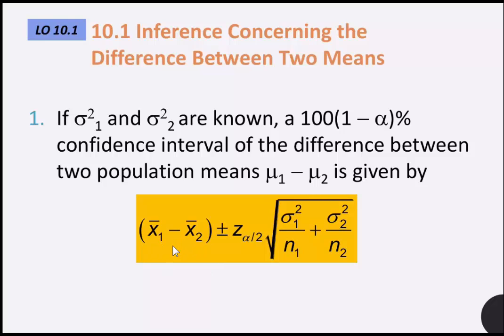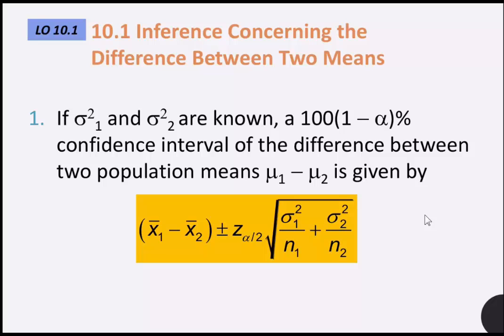So here we're going to take the difference between the two means, and then we're going to add to it the margin of error, and the margin of error is computed this way when we know the variances of each group, and we want to create a confidence interval between mu1 and mu2. So this would be the model we would use.